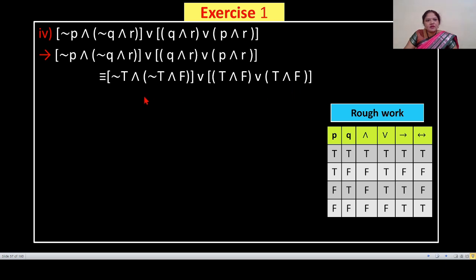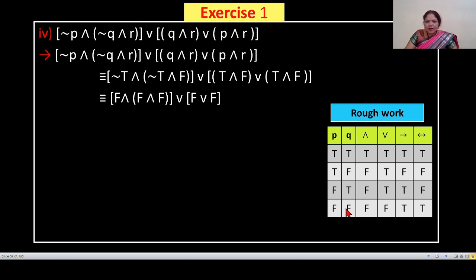T and F is F. Here, negation T is F and negation T is F and F as it is, or T and F is F, or T and F is F. Here, F and F means conjunction of these two.